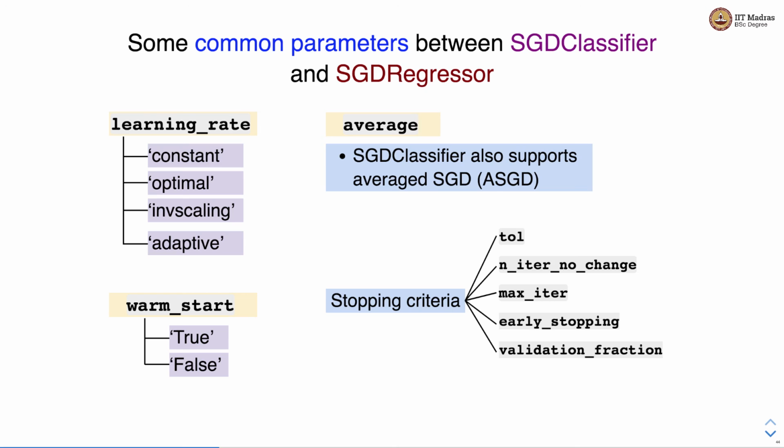Warm start helps us to initialize SGD with the parameters learned in the previous iteration. And there are a bunch of parameters that help us to specify the stopping criteria. The parameters like tolerance, n_iter_no_change, max iter, early stopping, and validation fraction. All these parameters help us to specify the stopping criteria.